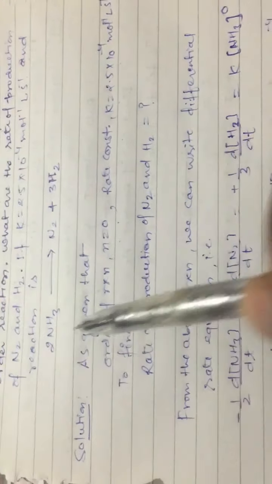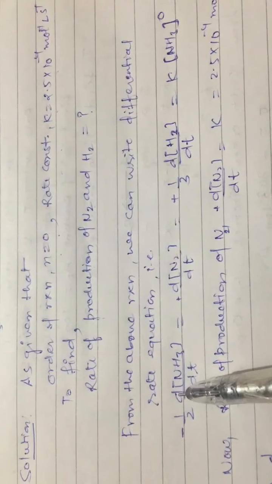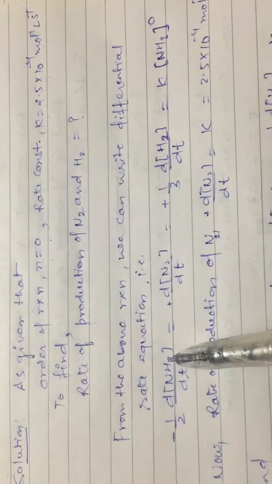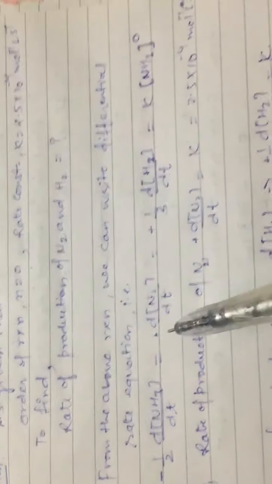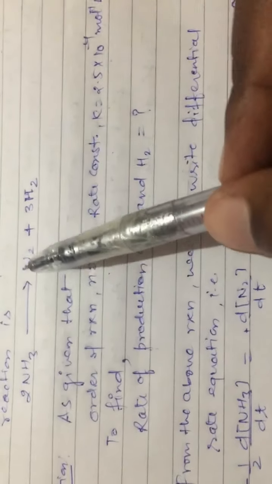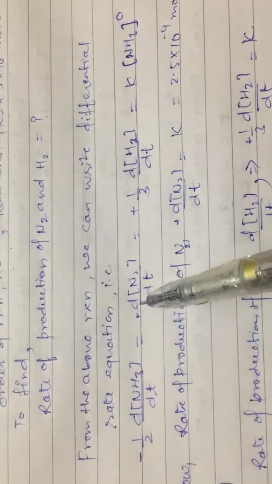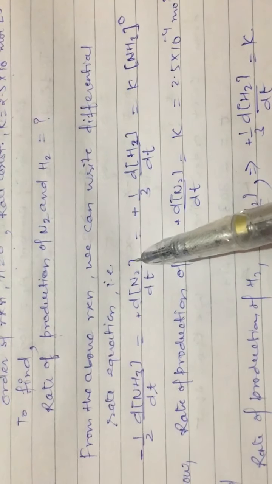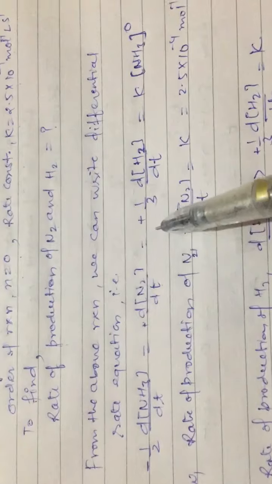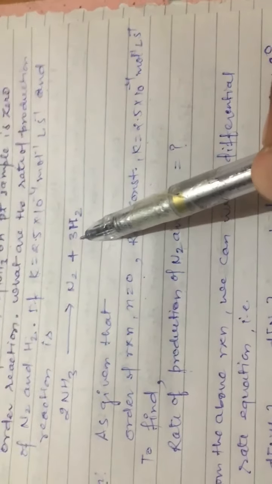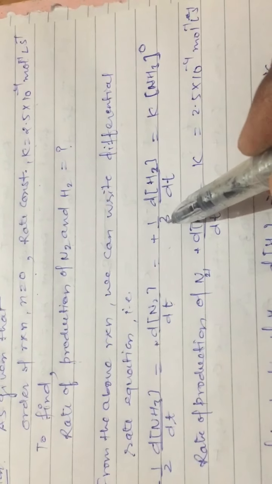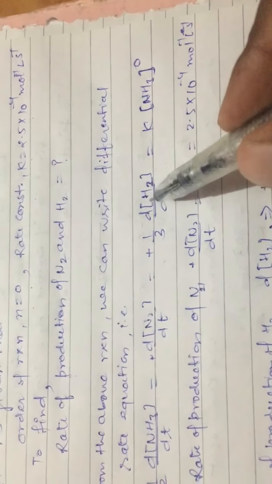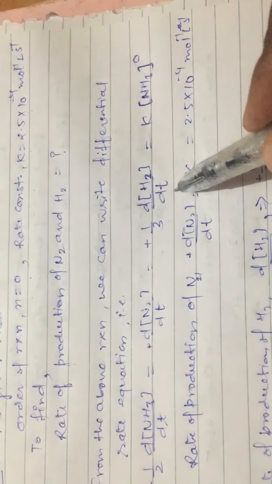From its stoichiometry, minus of half into differentiation of concentration of NH3 with respect to time equals plus 1, as there is no coefficient, differentiation of concentration of N2 with respect to time, equals, again there is a coefficient of 3 which goes into the divisor, plus 1 by 3 differentiation of concentration of H2 upon time.